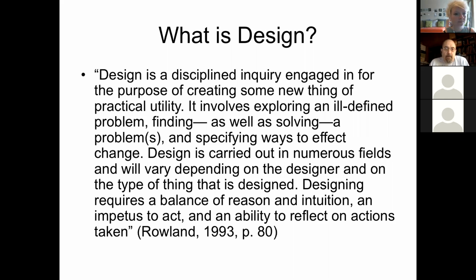Here's one. Design is a disciplined inquiry engaged in for the purpose of creating some new thing of practical utility. It involves exploring an ill-defined problem, finding as well as solving the problem, and specifying ways to effect change. And once again, it applies to a whole bunch of fields. As I said, architecture.